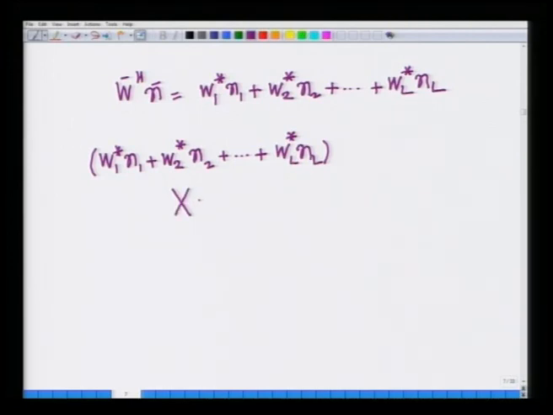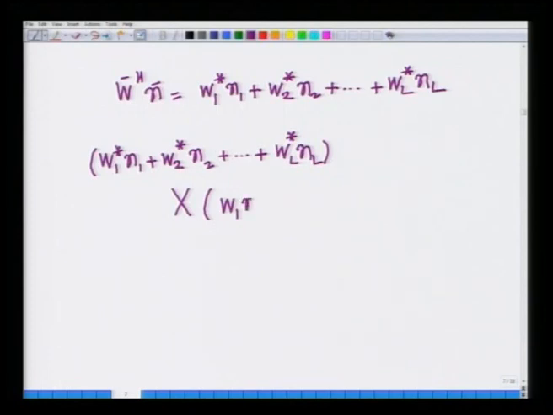Now, the conjugate of W1 conjugate N1 is nothing but W1 times N1 conjugate, because the conjugate of a product is the product of the conjugates. So, I will write this as W1 N1 conjugate plus W2 N2 conjugate plus until WL NL conjugate.